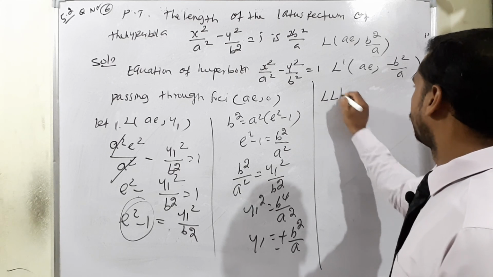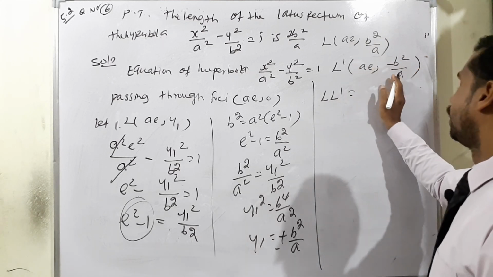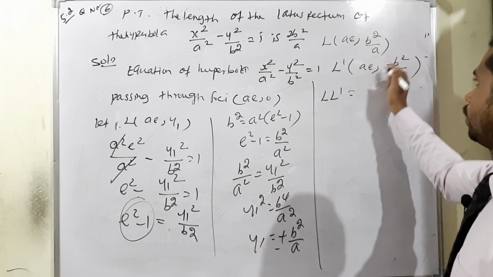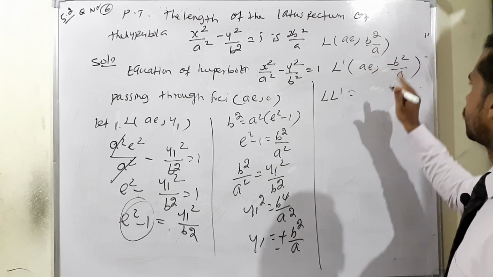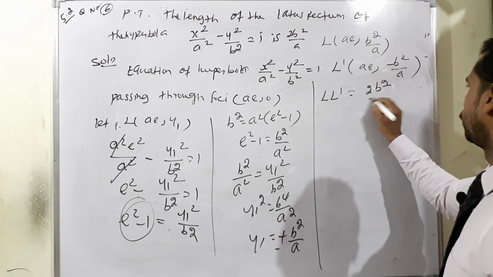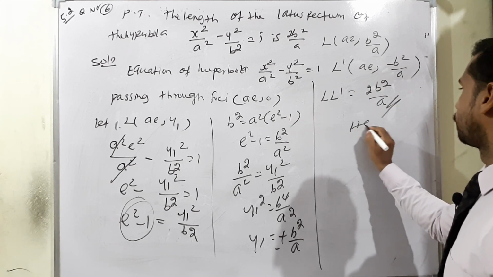Now, for the length of the latus rectum we use the distance formula. Distance is always positive, so b square by a plus b square by a means LL dash is equal to 2b square by a. So, hence proved.